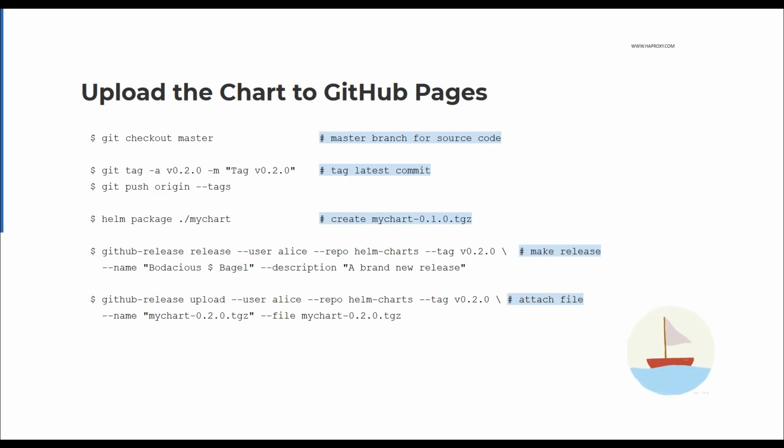So the next command, helm package, is what actually creates that zip file. You would point helm package at your directory, and it just creates it, and it's pretty simple. A tool that I found useful is called GitHub Release, and it makes it really easy to create a release and then attach a package to it.